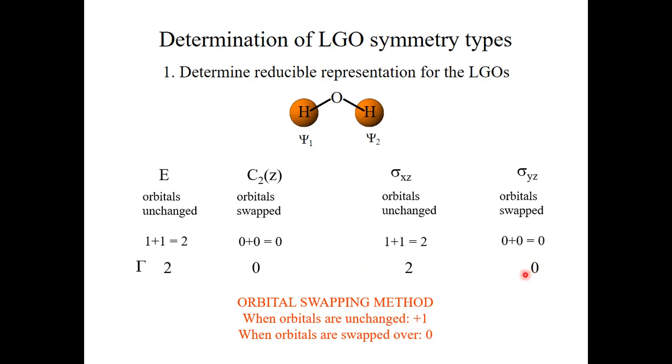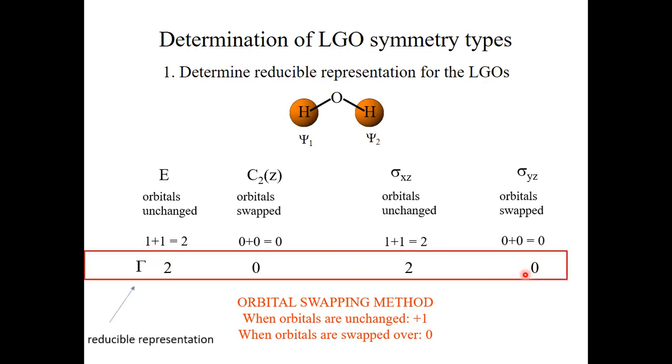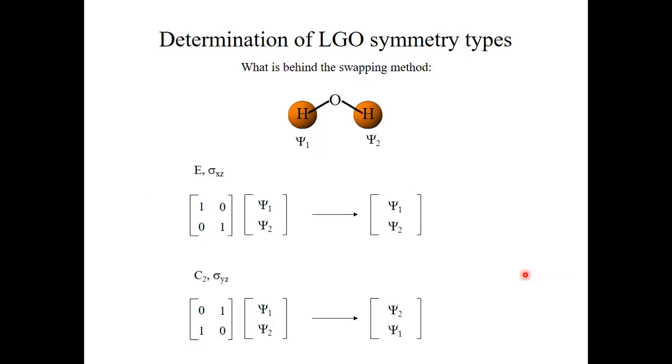You may wonder what is actually behind the orbital swapping method. It is again matrices, and I wanted to briefly explain this, because the orbital swapping method is actually just a trick to circumvent matrix calculations. But what is actually behind the orbital swapping method, or why it works, is matrix calculations.